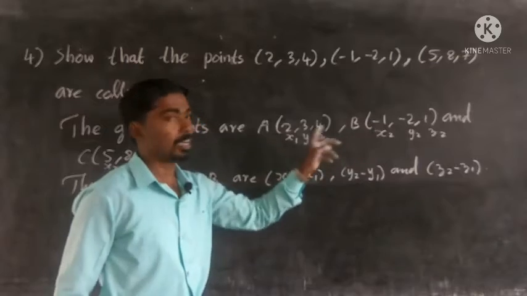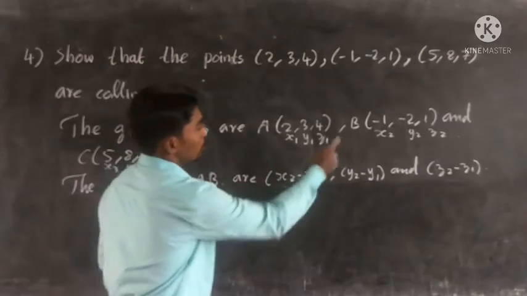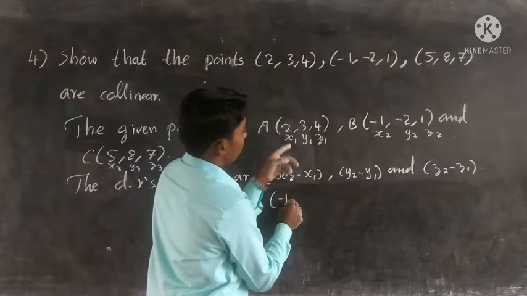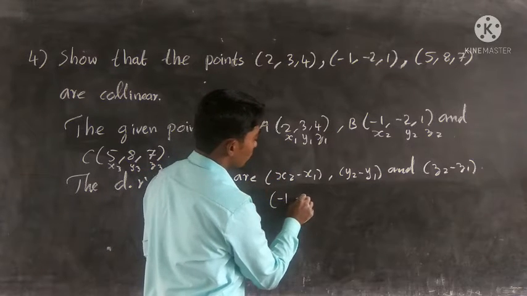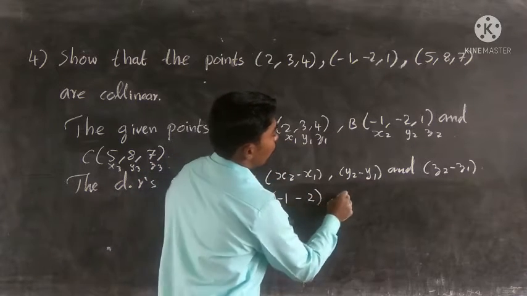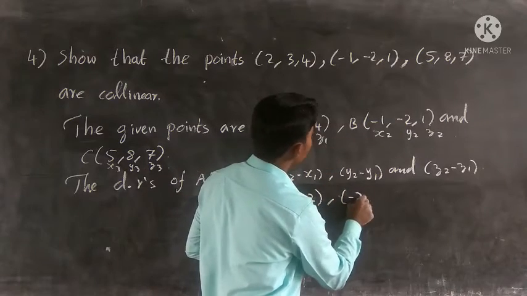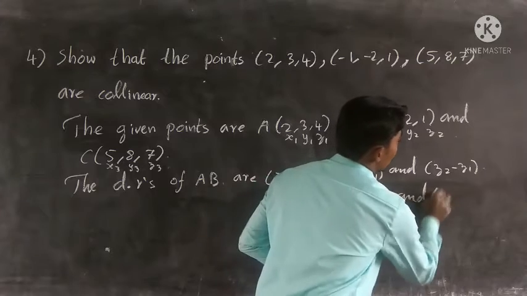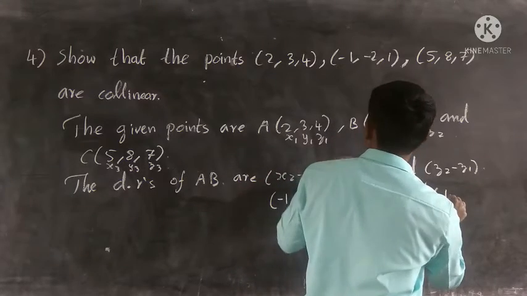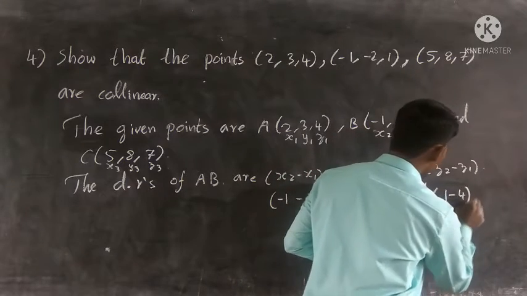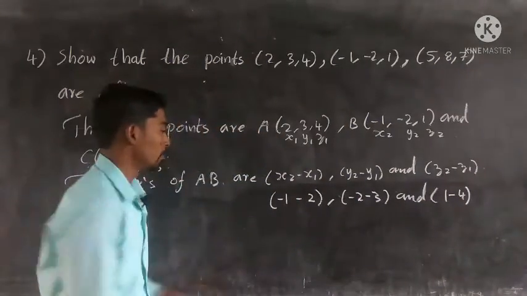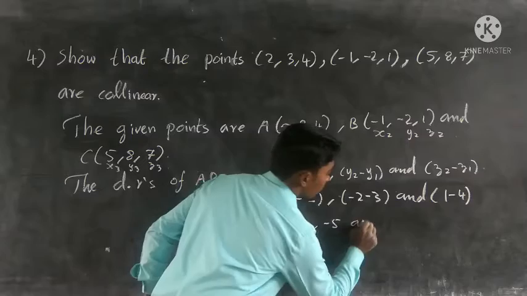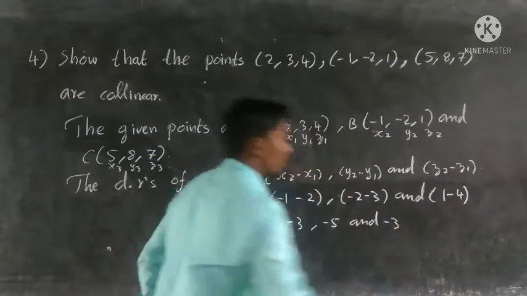Now substitute the values. x2 is minus 1 and x1 is 2, y2 is minus 2 and y1 is 3, and z2 is 1 and z1 is 4. Simplify, we will get minus 3, minus 5 and minus 3.